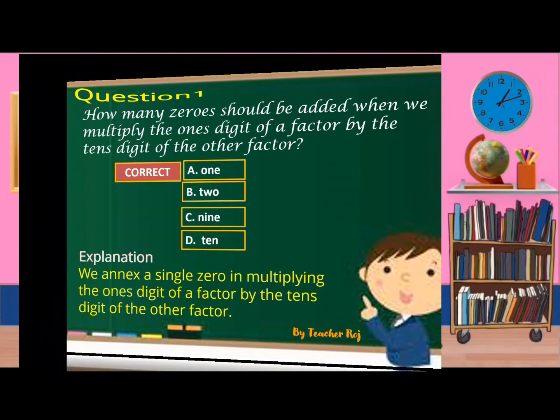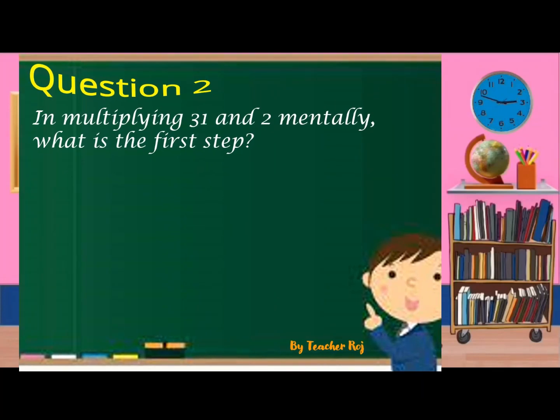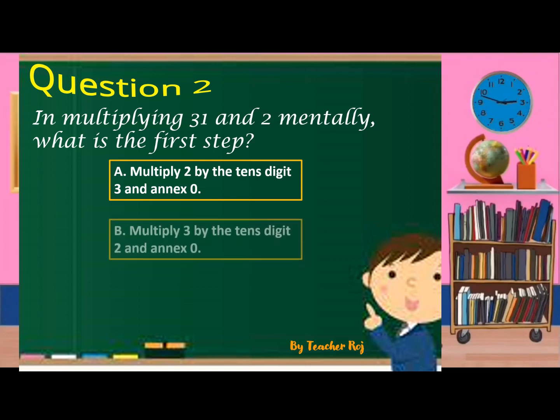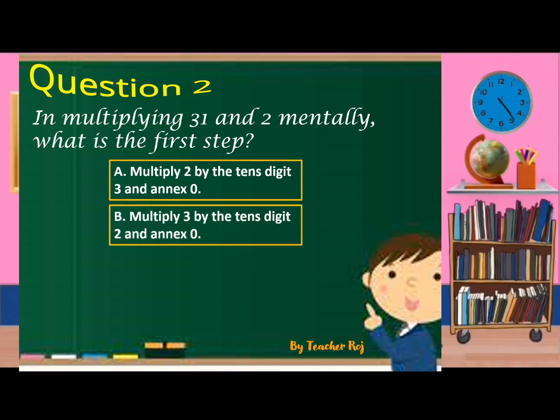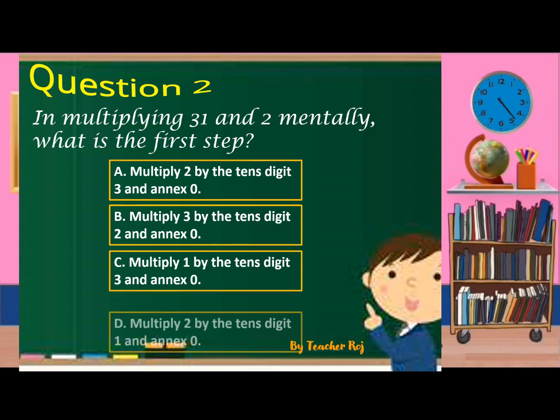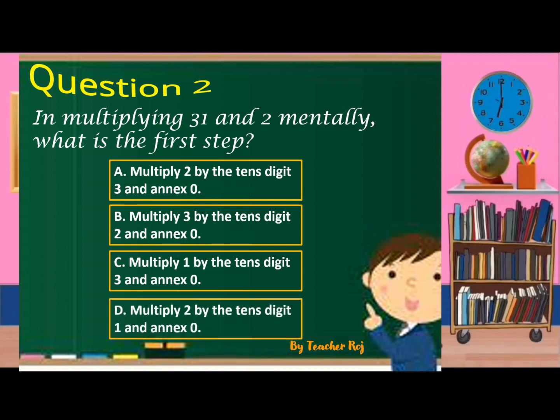Second question. In multiplying 31 and 2 mentally, what is the first step? A. Multiply 2 by the tens digit 3 and annex 0. B. Multiply 3 by the tens digit 2 and annex 0. C. Multiply 1 by the tens digit 3 and annex 0. D. Multiply 2 by the tens digit 1 and annex 0.